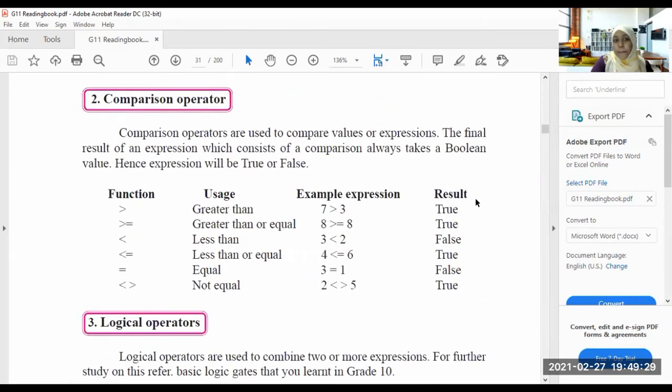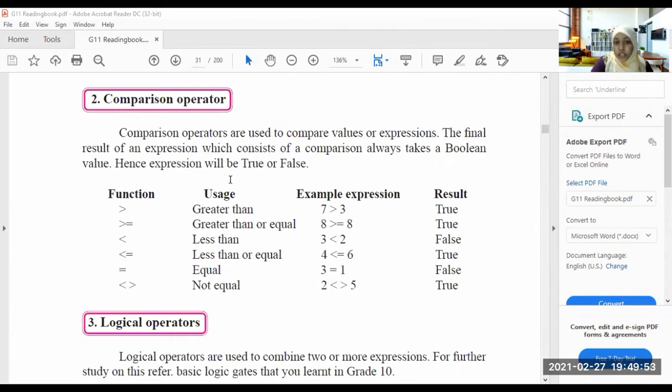Next one is comparison operators. Comparison operators are used to compare values or expressions. The final result of an expression which consists of a comparison always takes a Boolean value.